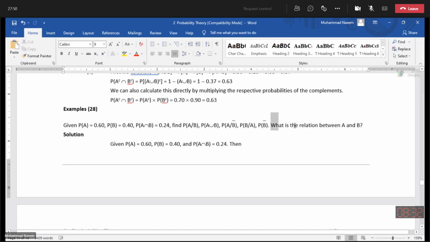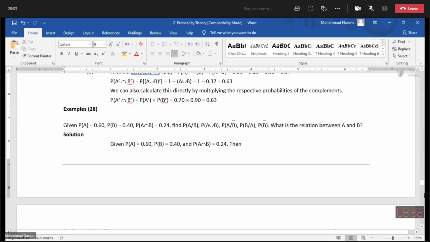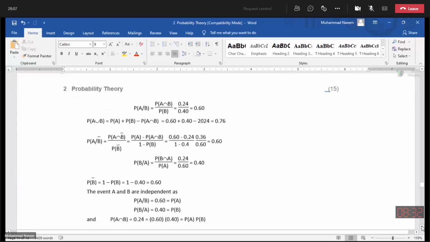But we can also give the relationship by verifying whether they are independent or dependent. All other conditional probabilities are simple. Union is simple, just apply the formula. But this is a little difficult.